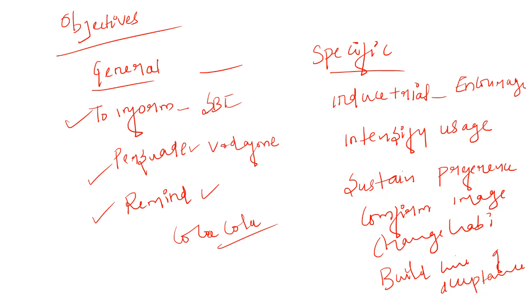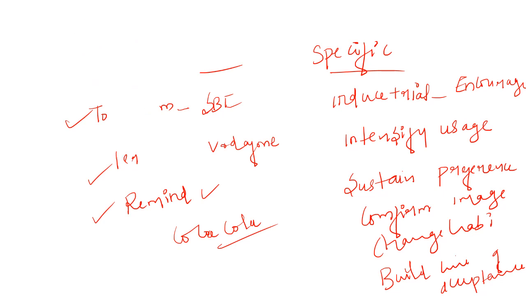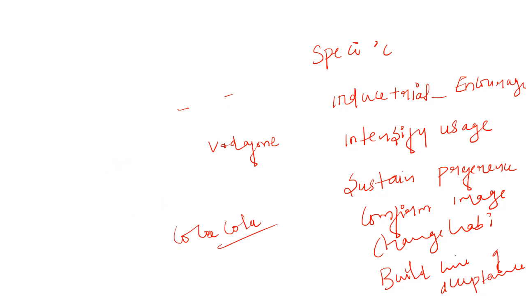Change habits is used to change the buying or consumption pattern of the target customers. Build line of acceptance is used to display the entire range of brands. So here we discussed the general and specific objectives of advertising.